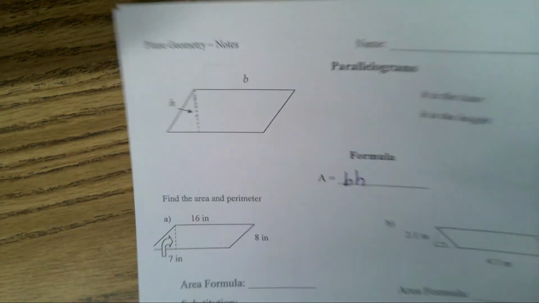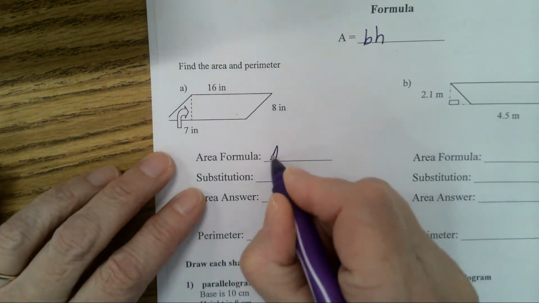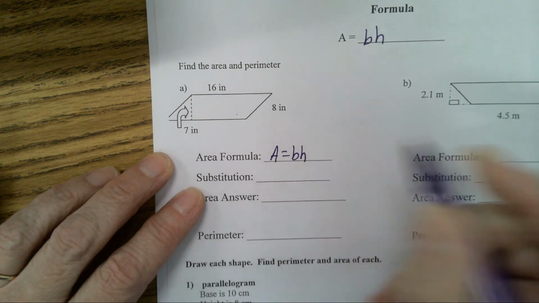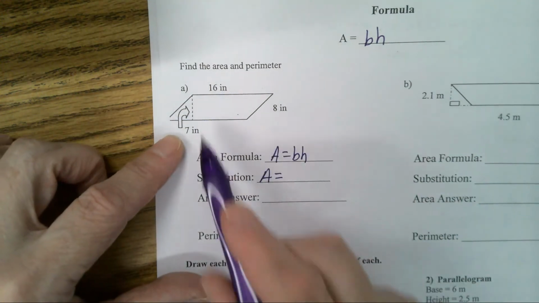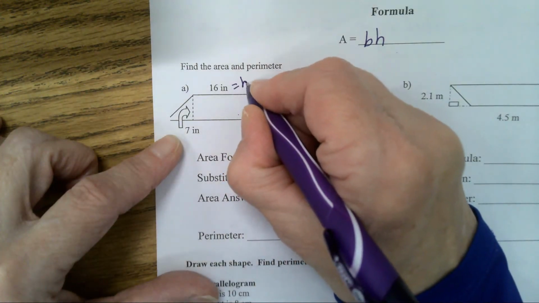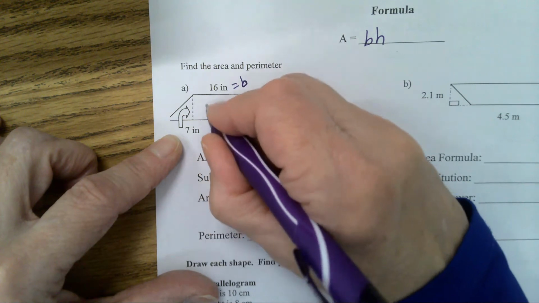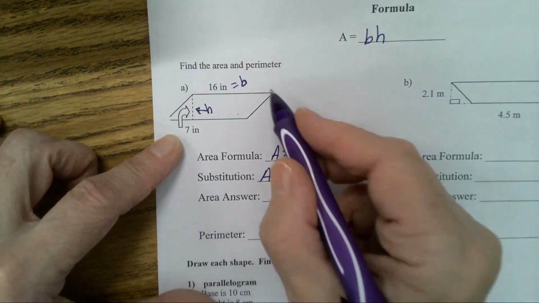All right. Now, the formula for a parallelogram is base times height. Let's look at letter A. Your formula, A equals base times height. Now, this base is 16, and this is your height. The height is 7. And that's the slanty side.